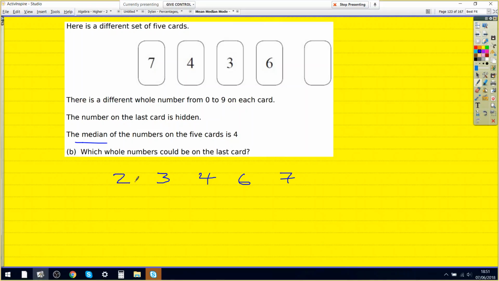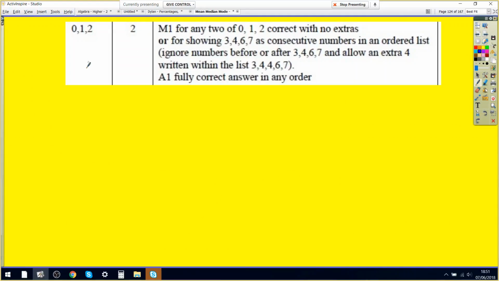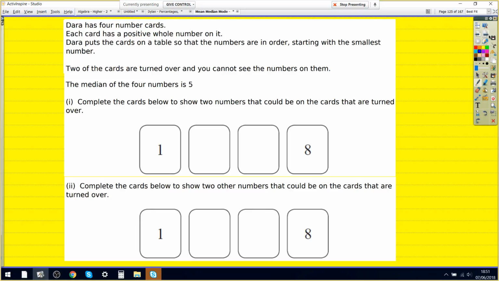Yep. 2, and it could be 2, 1, or 0 to give you 4 in the middle. This one, basically, you need the median to be 5. What two numbers could go in the middle here?